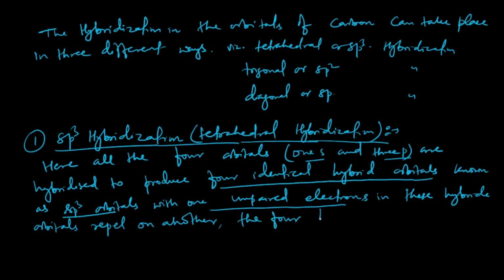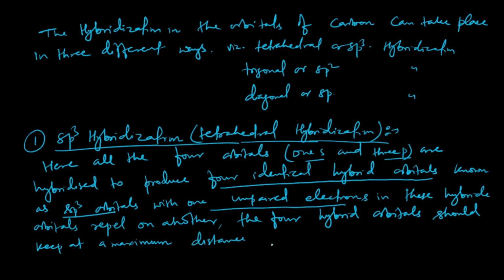The four hybrid orbitals should keep at a maximum distance from one another. Obviously, if they are repelling each other, then what will happen?